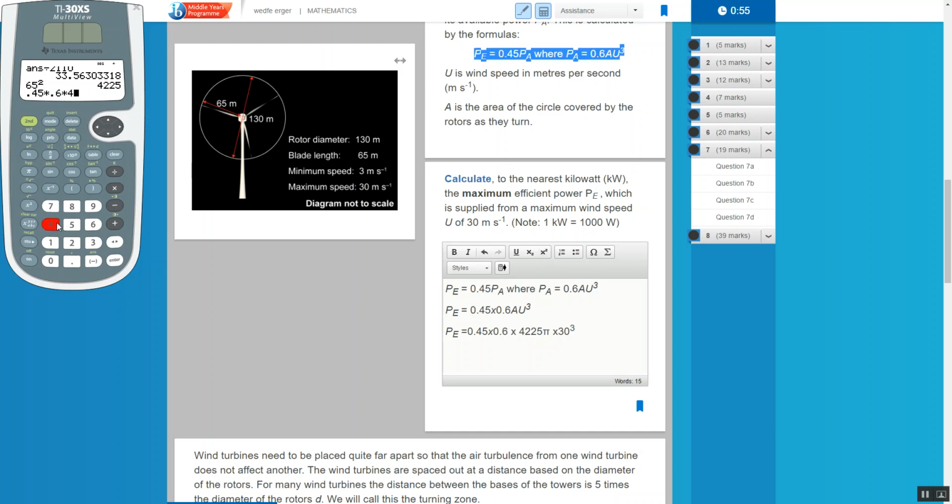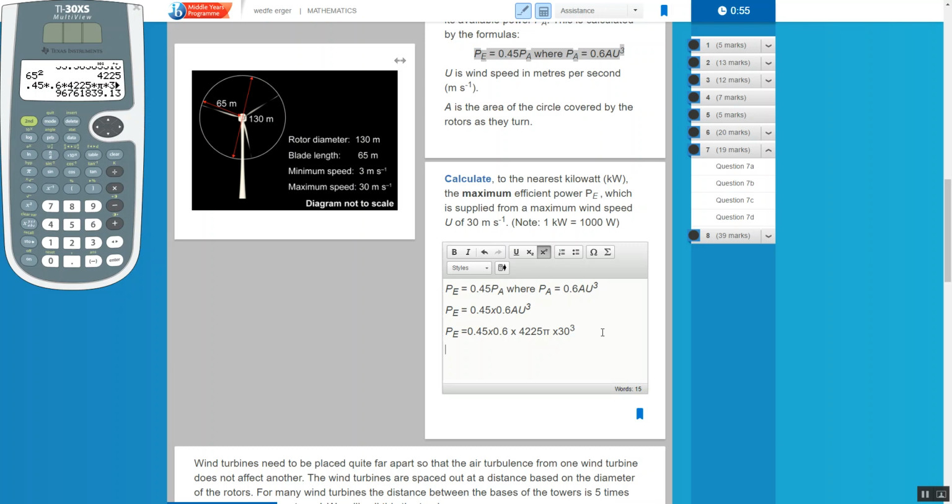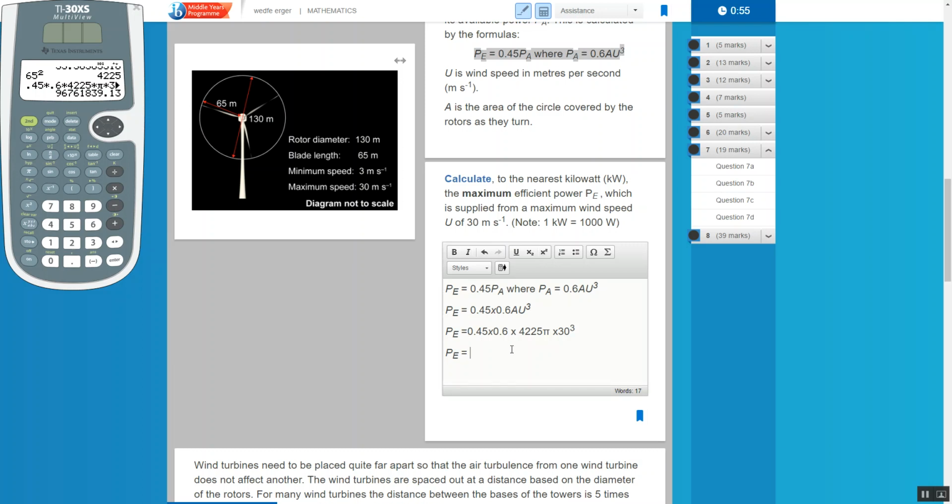So just putting this all in. And we get this, and that is in watts. So I need to divide it by 1,000.